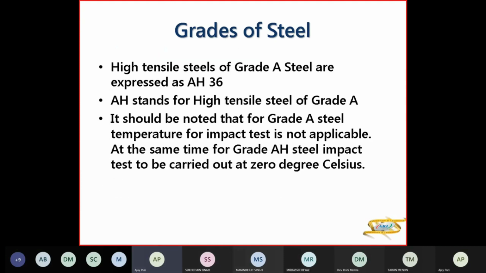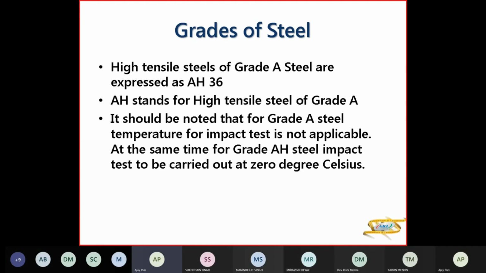Now high grade, high tensile steel जब लिखते हैं AH, H is your high tensile steel and A is your grade A steel. So AH stands for high tensile steel of grade A. So it should be noted that grade A steel temperature for impact test is not applicable.